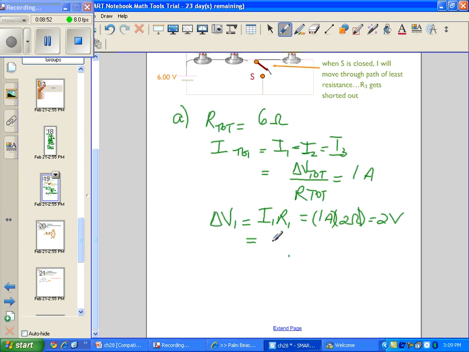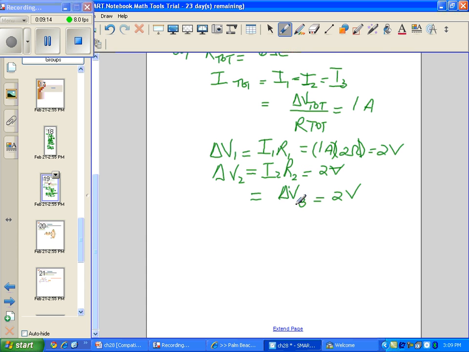However, because the same current flows through each resistor and the value of the resistance is the same, delta V2 will equal delta V1 equal delta V3, and therefore 2 volts will be the potential drop across each resistor.